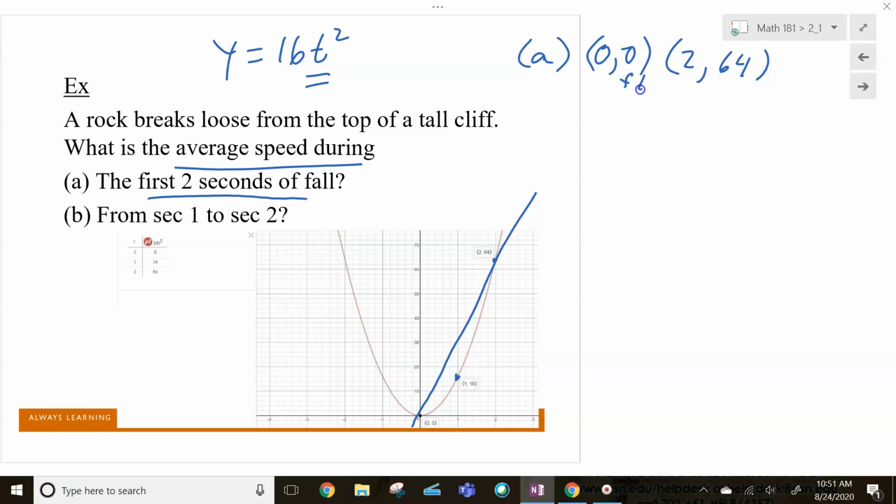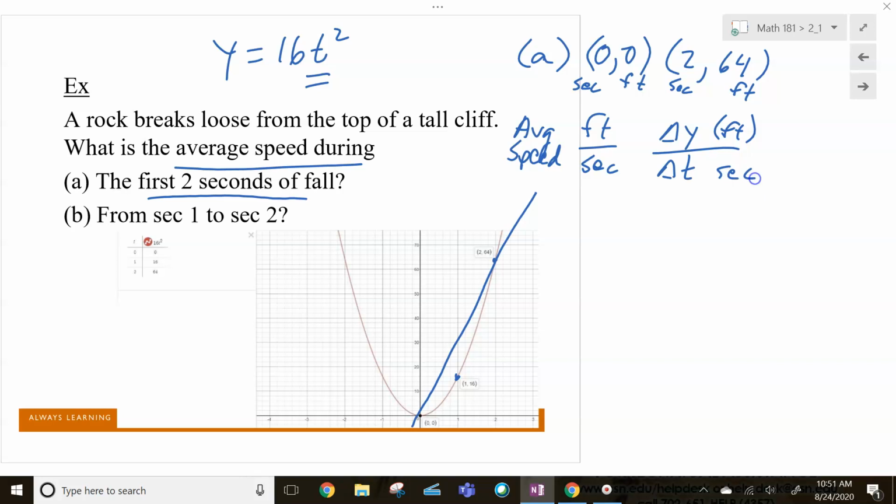This is feet, and this is seconds. What's my average speed, right? In other words, what's my feet per second? What's my change in y, in feet, over my change in time, in seconds? This is what we want to know.